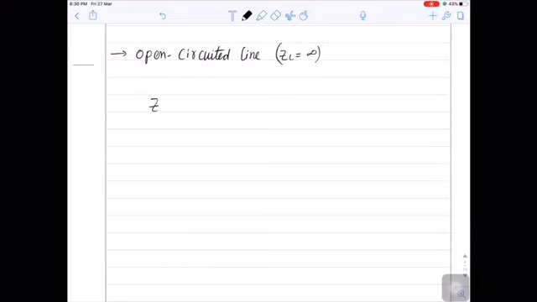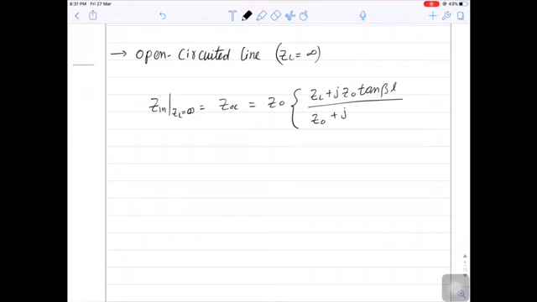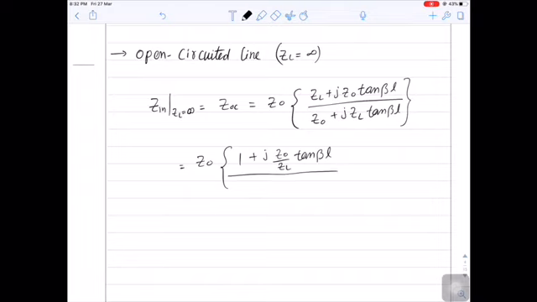Therefore, the impedance of the transmission line when ZL equals infinity, which is nothing but the open circuit impedance, ZOC, equals ZO into (ZL plus j ZO tan beta L) by (ZO plus j ZL tan beta L), that equals ZO into (1 plus j ZO by ZL tan beta L) by (ZO by ZL plus j times tan beta L).